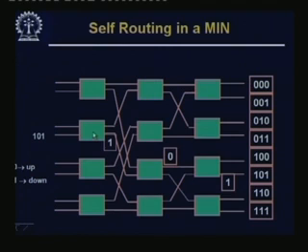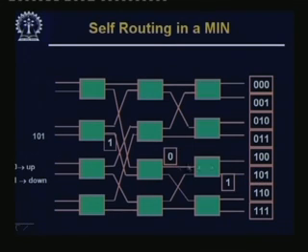The switch simply follows a rule: if the bit is 0 it connects to the upper line, and if it is 1 it connects to the lower line. So 1 in this switch will connect it to the lower line, and we will reach 101.